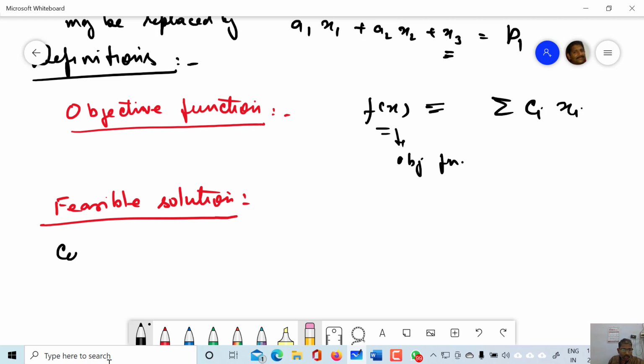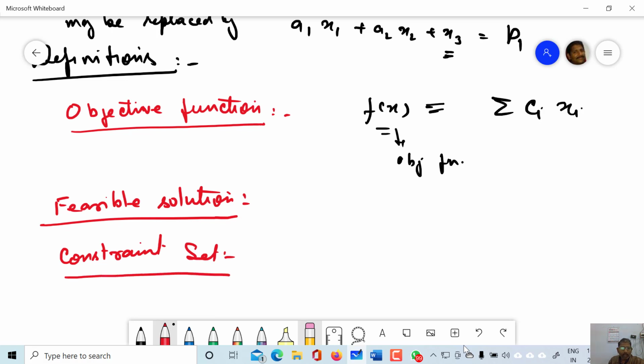The third is constraint set. What is the constraint set? The constraint which is given to apply in a linear equation is called the constraint set, and based on that constraint the equation is maximized or minimized.